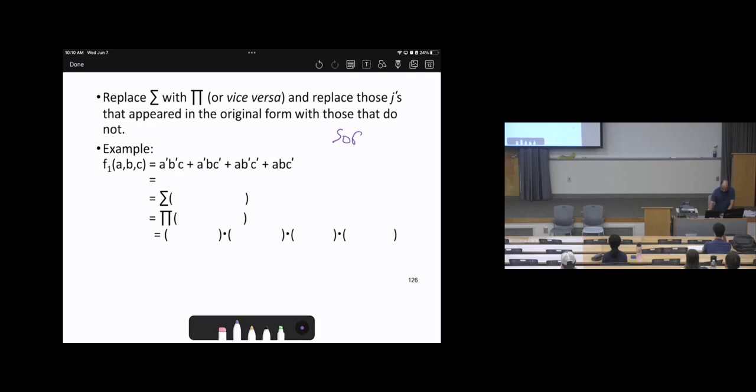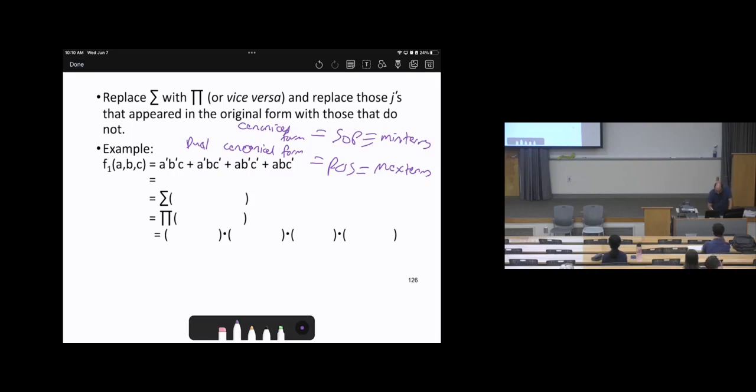Sum of products is the same as min terms, while product of sum is the same as max terms. This is the same as canonical form, and this is the same as dual canonical form. So whenever you see any of these canonical form definitions, they should be the same.